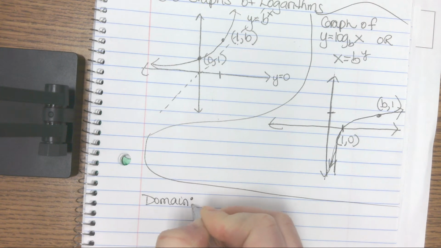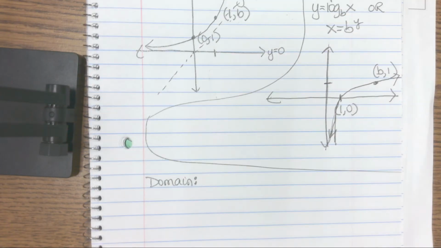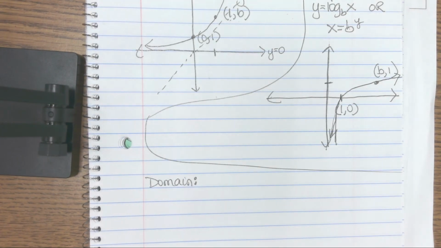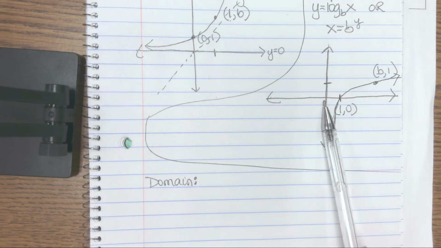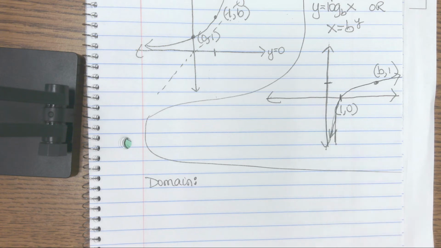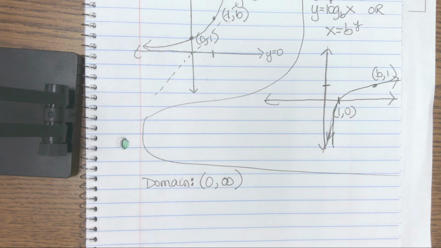I hit on this on Friday, but with logarithms, you cannot put negative numbers in, and actually you can't put a 0 in. So the domain for logarithms is you have to put something bigger than 0 in. If I'm writing it as an interval, it's 0 to infinity, or you could write x is greater than 0.